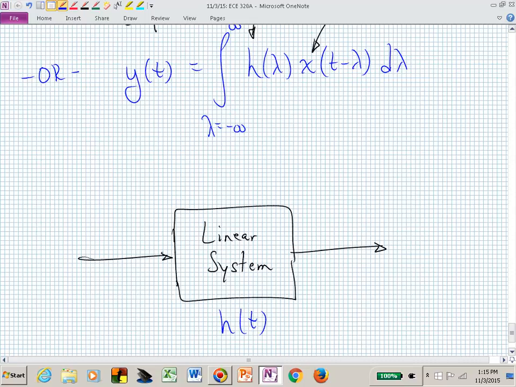If we know what this system does when we kick it, then we can find how it will respond to any x we apply to that. That's what this convolution integral allows us to do. So if we can find the impulse response of this linear system, we can then solve for any output that somebody wants if they give us the input that they applied to the system.